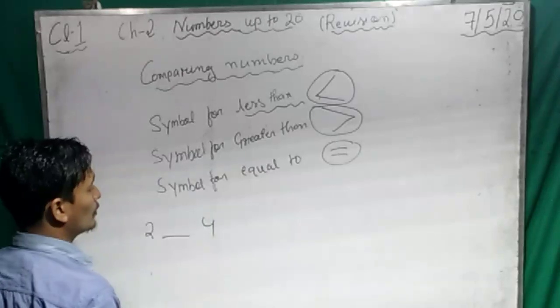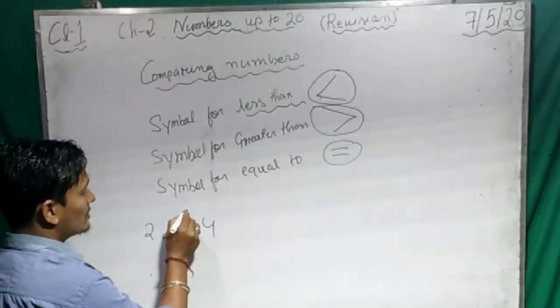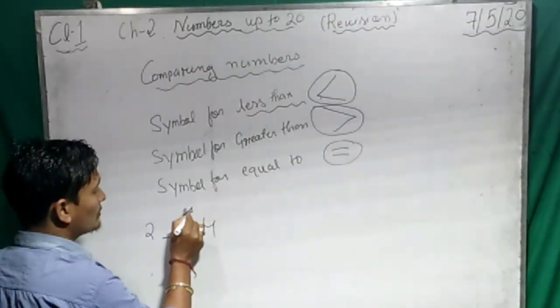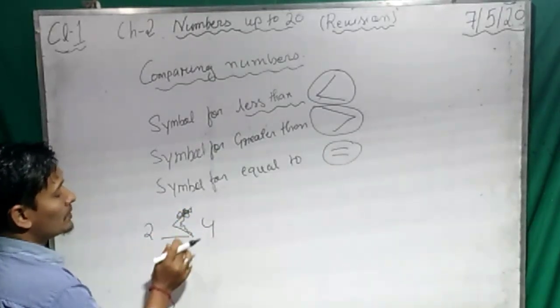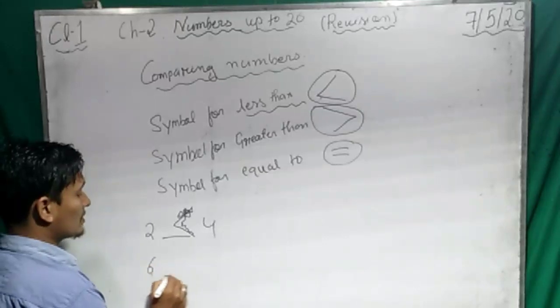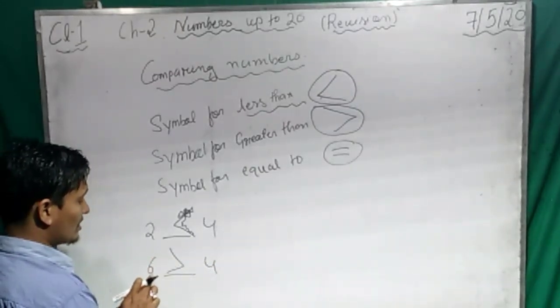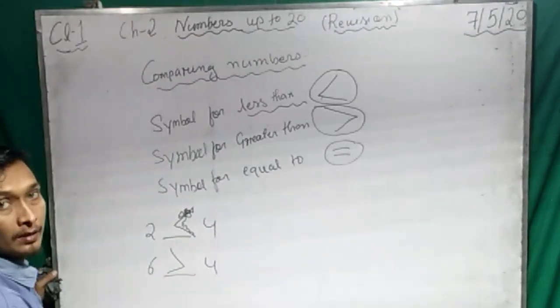So now let's take a few numbers. 2, 4. So which number does the alligator love to eat? Yes, the bigger one. So always keep in mind that the mouth is open towards the big number. 6, 4. So this symbol. Why? Because 6 is greater and the mouth should be open towards the greater number.